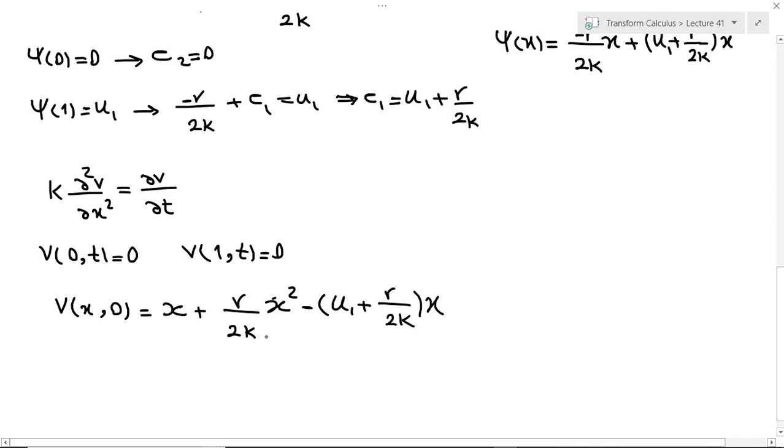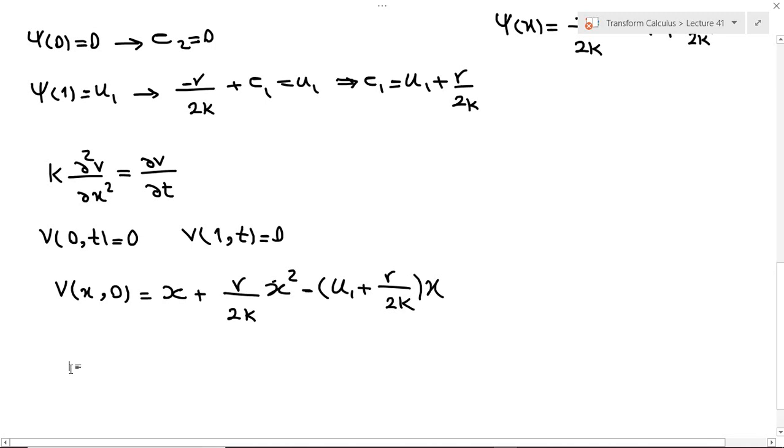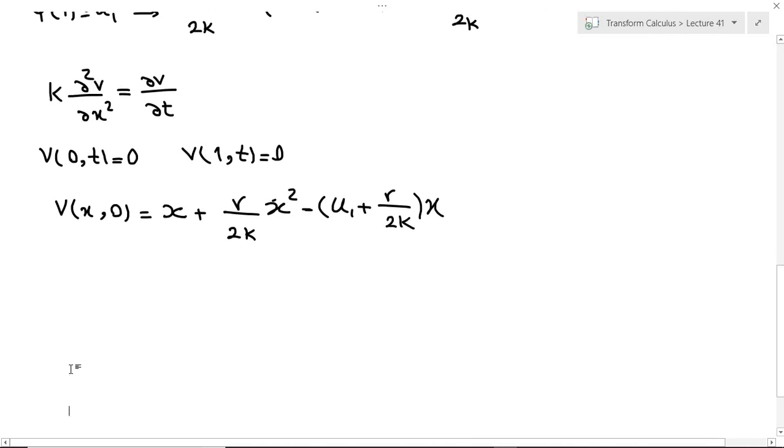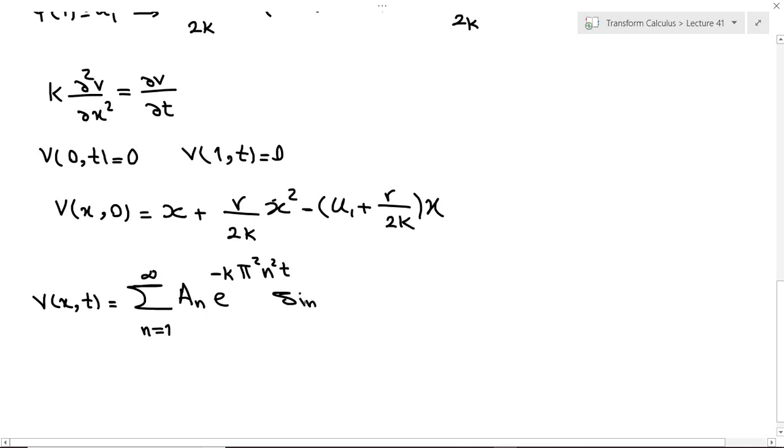So you can easily solve this homogeneous heat equation. We already solved it. That's why I just write the final answer. If you solve it, you're going to see v of x and t is equal to the summation of n from 1 to infinity of an e to the power of minus k pi squared n squared times t times sine n pi x.